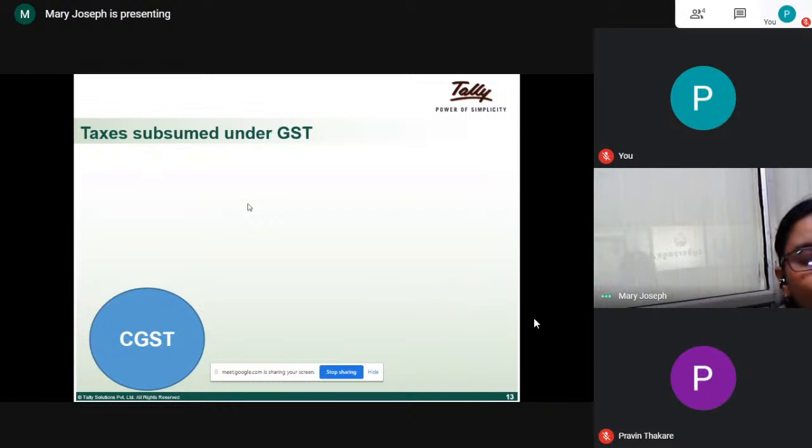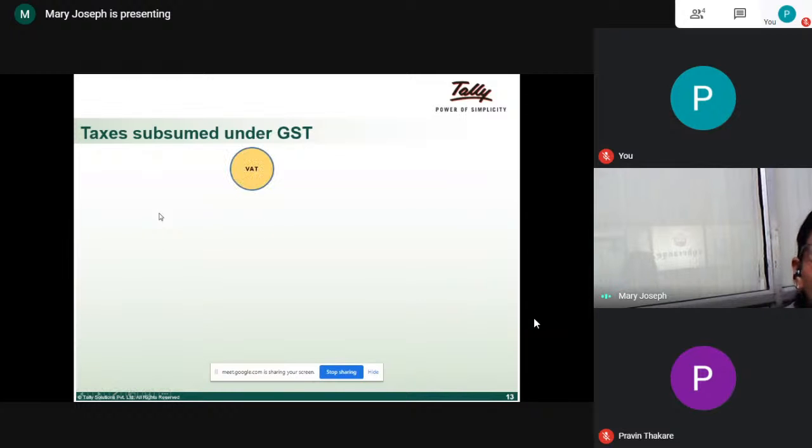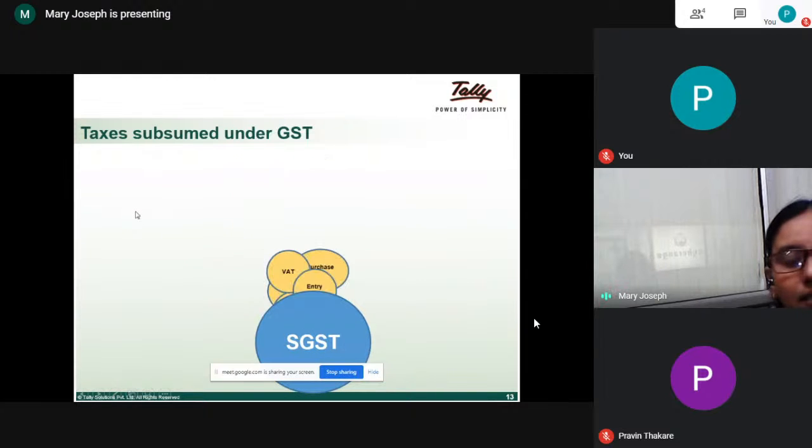Now let us see for the state. VAT, value added tax, purchase tax, entry tax, luxury tax, all these types of taxes are subsumed into the SGST, which means state goods and service tax.